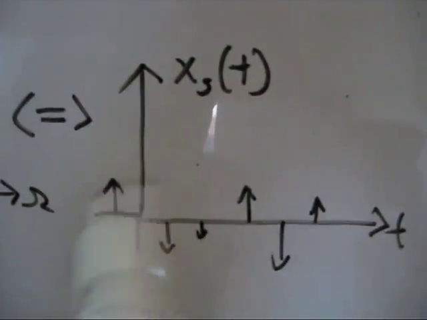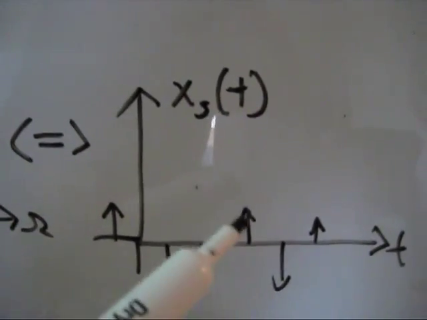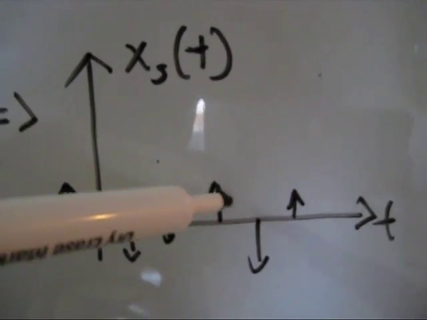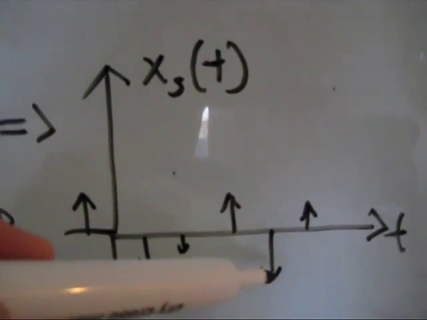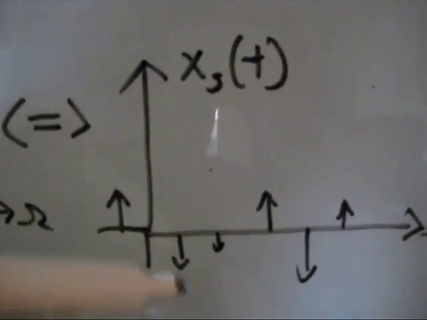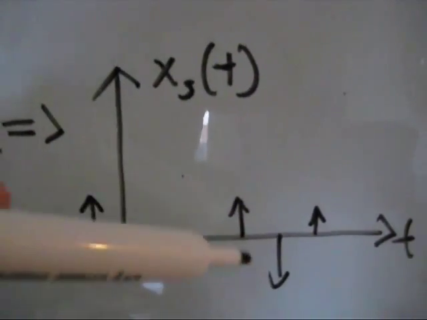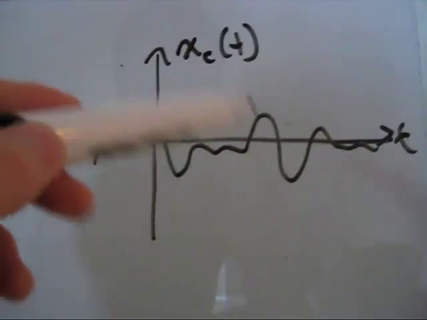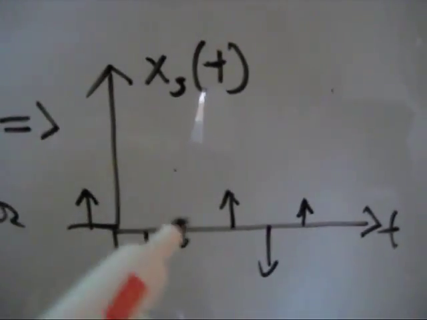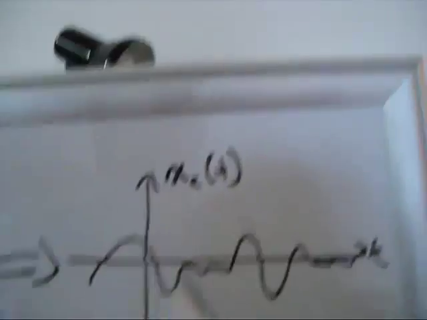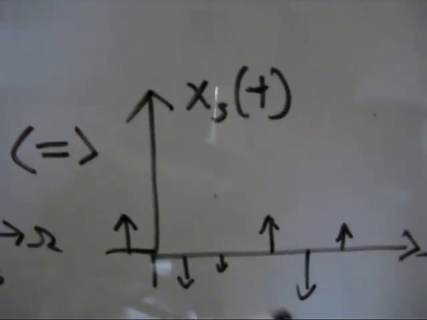I'm not going to go into what all this means, but each of these little arrows is a Dirac delta function. They go off to infinity, but the area of each is equal to the height of the sample point. Anyway, not important. This is just another way to represent that.